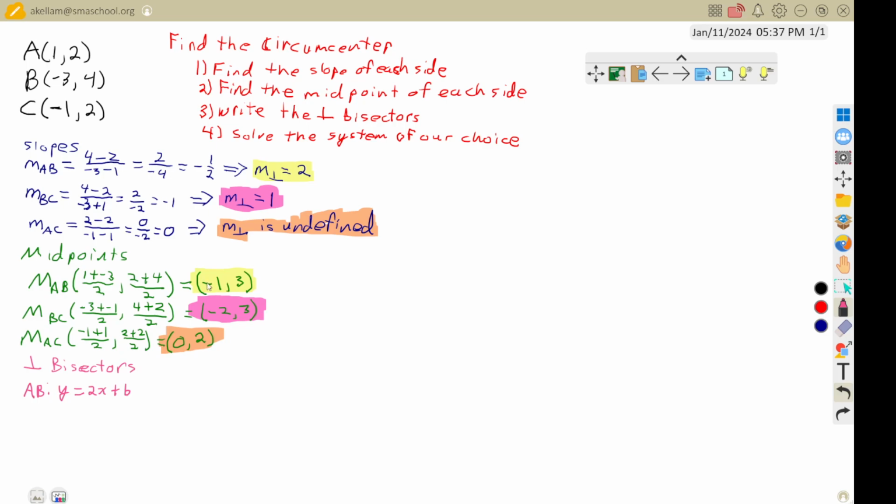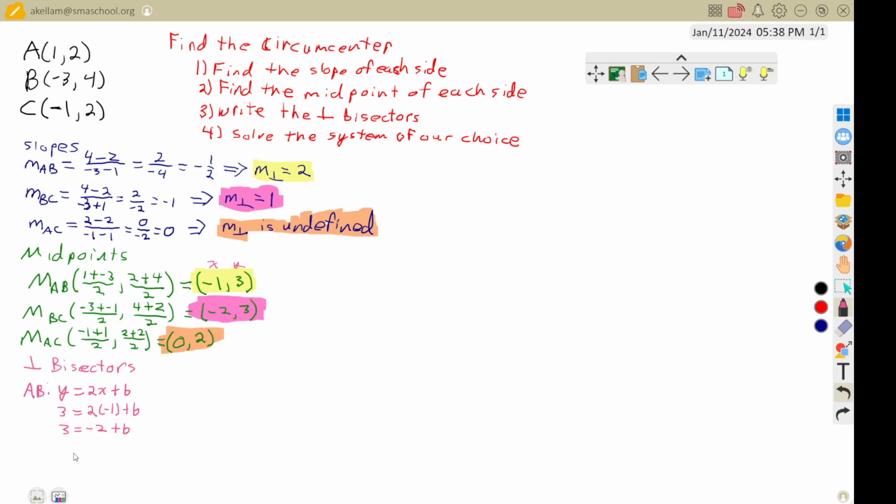So I'm going to use this point and the fact that we have an x and a y there, and I'm going to solve for what we have. So this is going to be 3 equals 2 times negative 1 plus b. So this would be 3 equals negative 2 plus b.